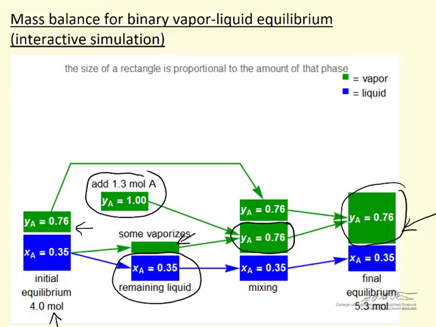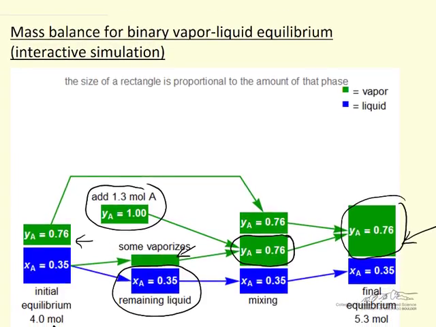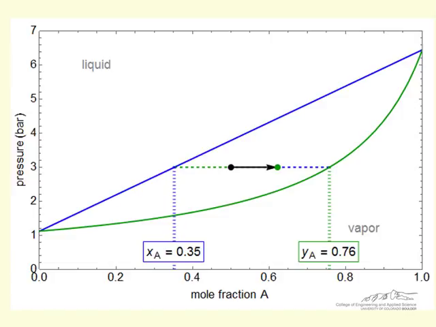If we now look at a PXY diagram, we can understand why this takes place. So this is the pressure mole fraction of A diagram for the same system that showed the visual representation of mass balance. This is our starting point. We add some A, but we're at constant pressure, so we have to be on a horizontal line.